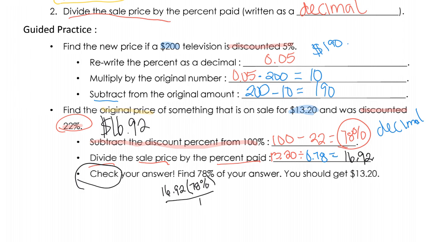You should get 13.197, which we round in dollars to 13.20. So we got the right answer there. Okay, so let's do all of this in the kind of simpler steps here. So let's go to the next page.